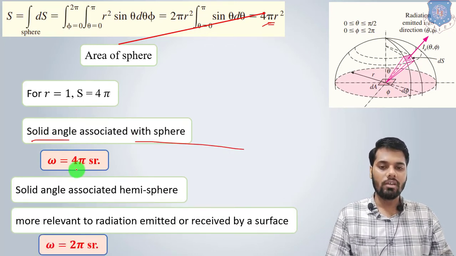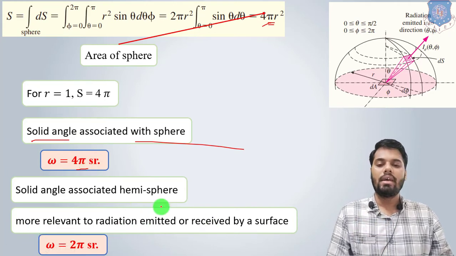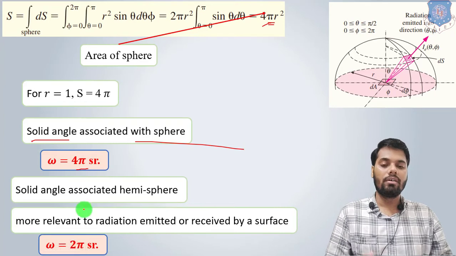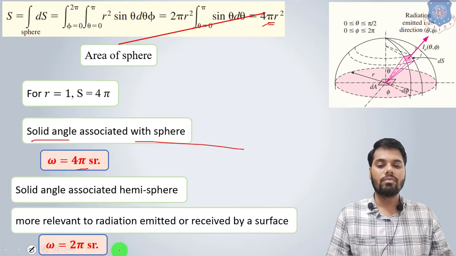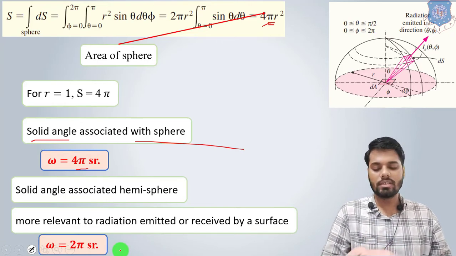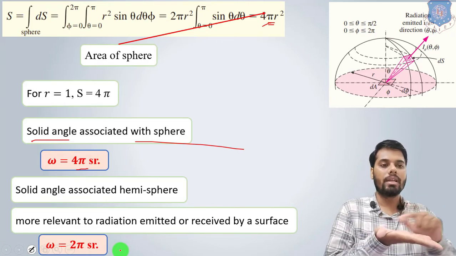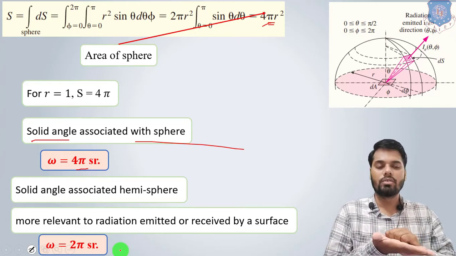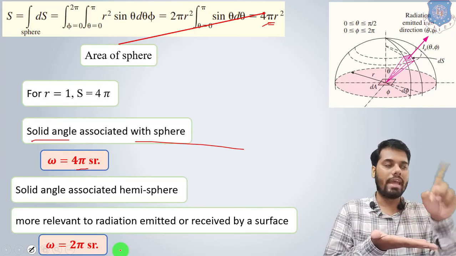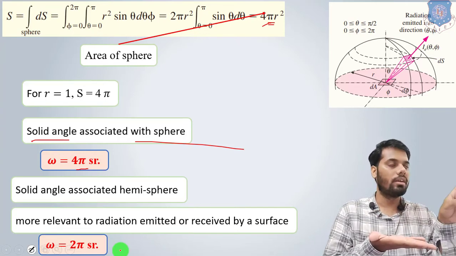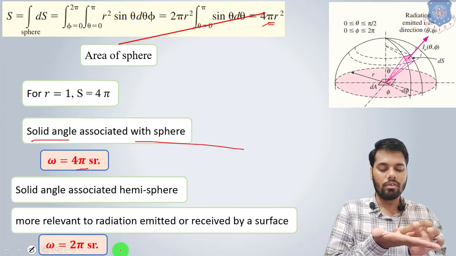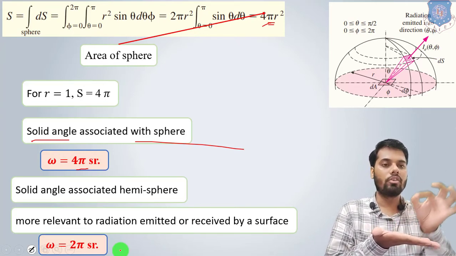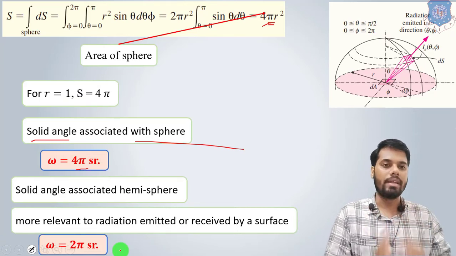So the solid angle associated with a sphere is 4 pi steradian, and for a hemisphere, which divides by 2, it is 2 pi steradian, which is more relevant because the surface is emitting electromagnetic waves over its hemispherical surface. So the solid angle for the hemisphere, at the center of emission of the electromagnetic wave, is 2 pi.